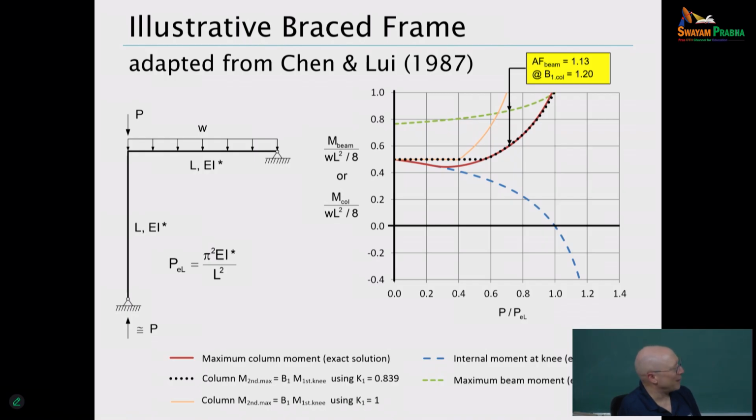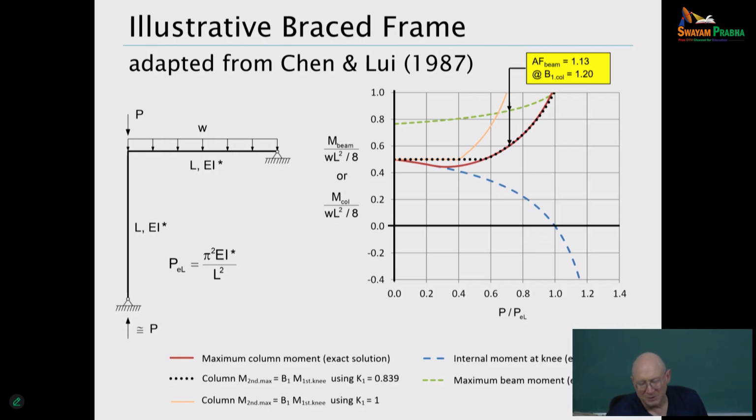If we try it for, say, a fixed base with the same loading, it's not too bad, but it's not as good. In this particular case, it looks great. Now in design, we'll often use just k equal 1 for braced frame.